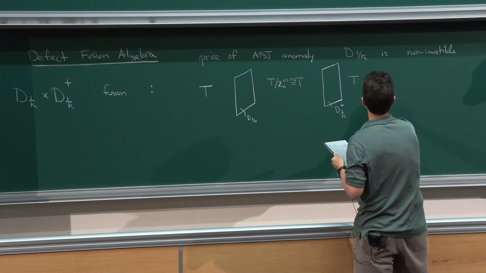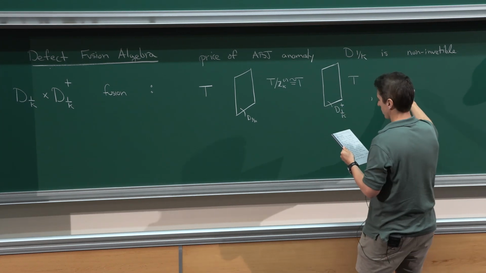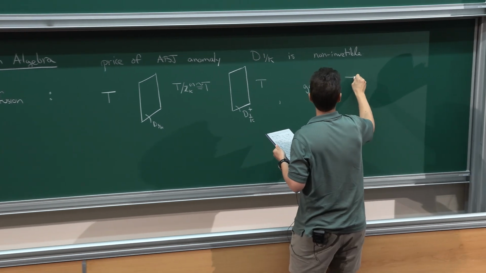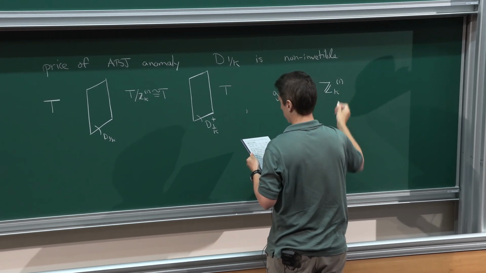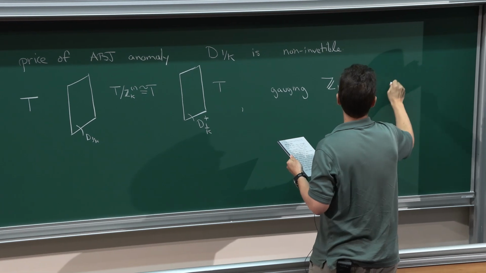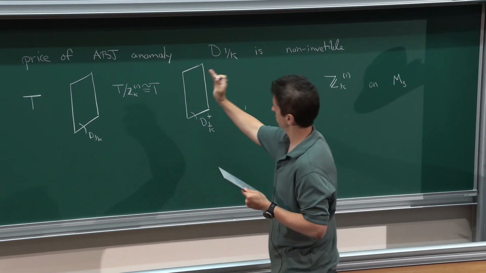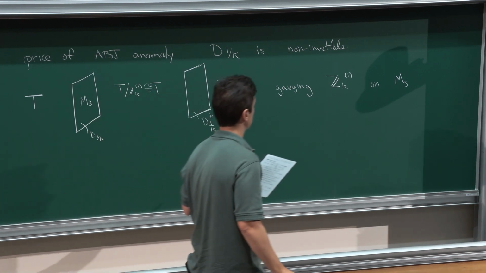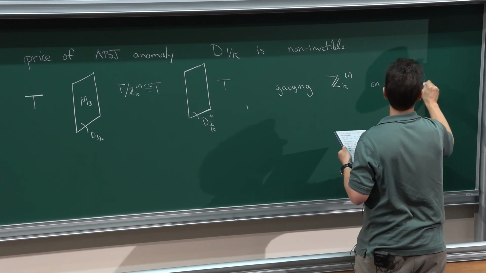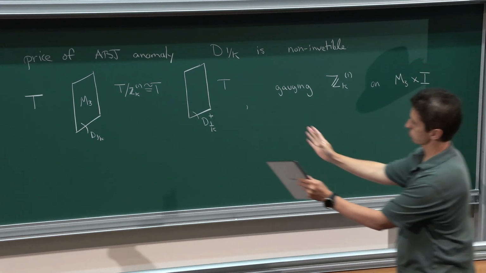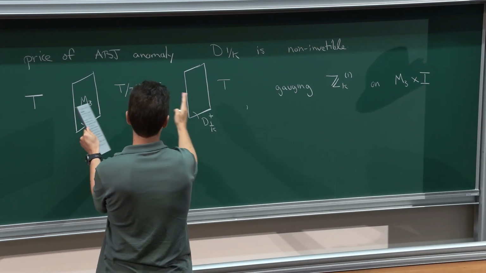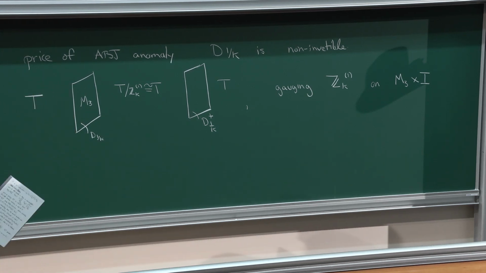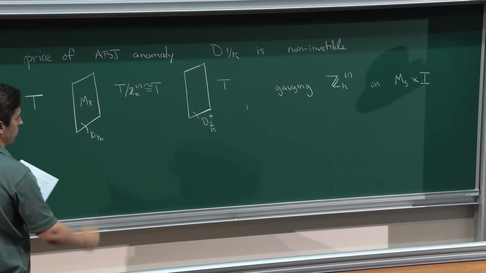Okay, now we can say what this fusion is. Well, what are we doing here? We're gauging this one-form symmetry on M3. Let's say these transverse slices are M3s, some 3-manifold, times an interval. So that's this region here, right? When we fuse this together, what we're getting is just this Z_K. We have this theory coming for the ride, and we have this Z_K one-form gauge theory living on M3 times an interval.